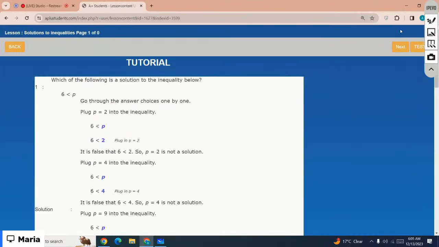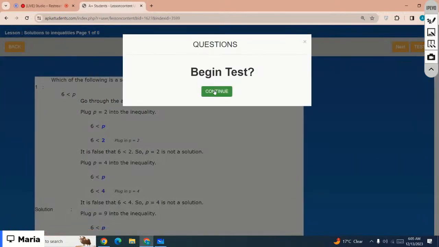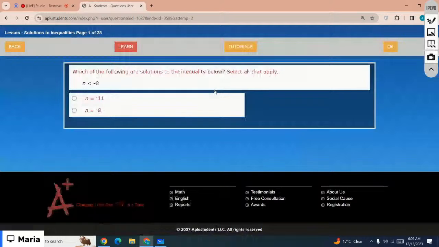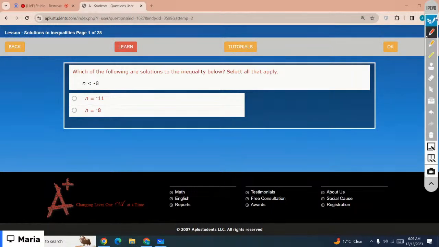So let's just start with the test questions. Which of the following are solutions of the inequality? Below you are given the inequality. The inequality is n is less than negative 8, right? You have to see which is the correct option. The first one is n equals negative 11, right?